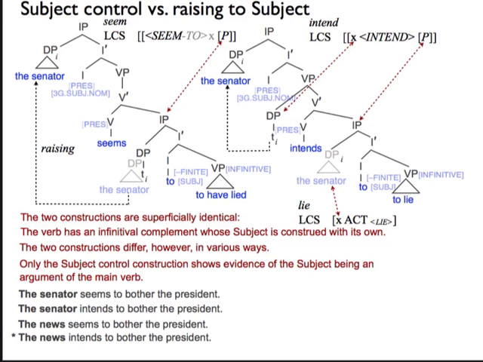If I'm a verb like lie and I have an actor or agent argument, then that has to be the subject of the VP that I project, and then it has to move up to the IP slot to check off the subject features. So the key thing here is that the senator in the intends construction is an argument of lie, but it's also an argument of the main verb intends.